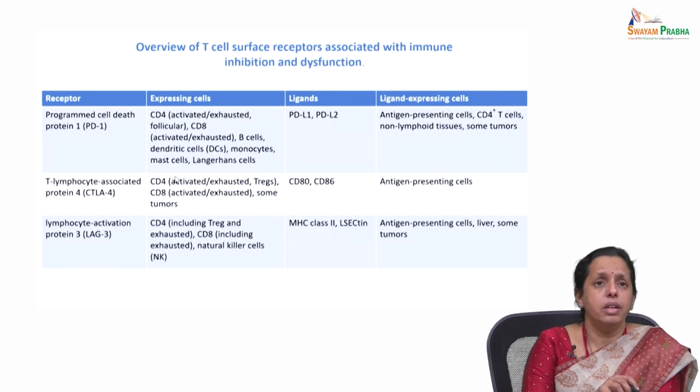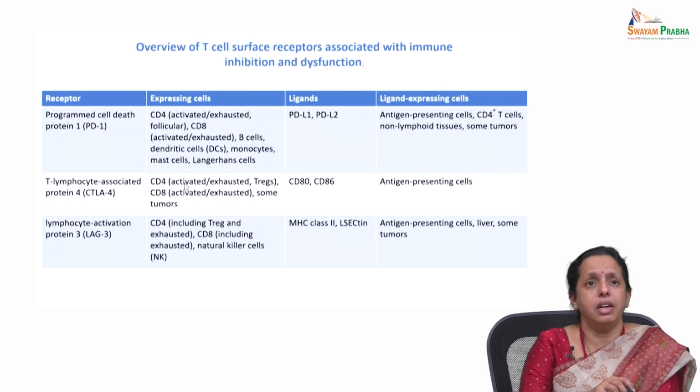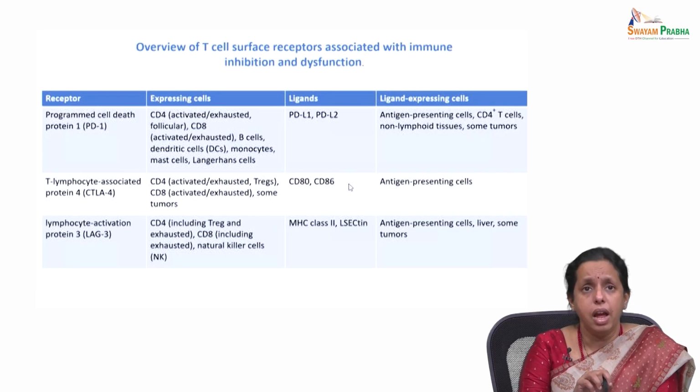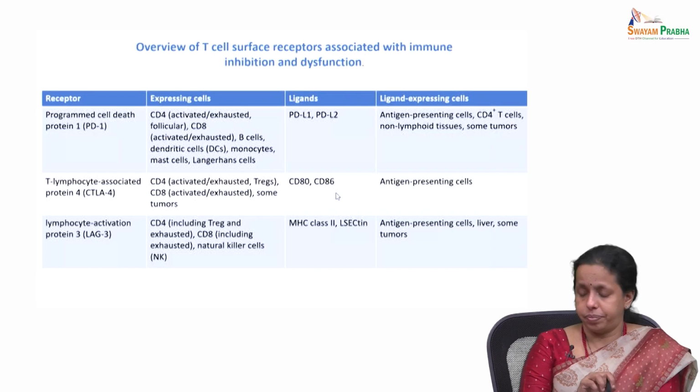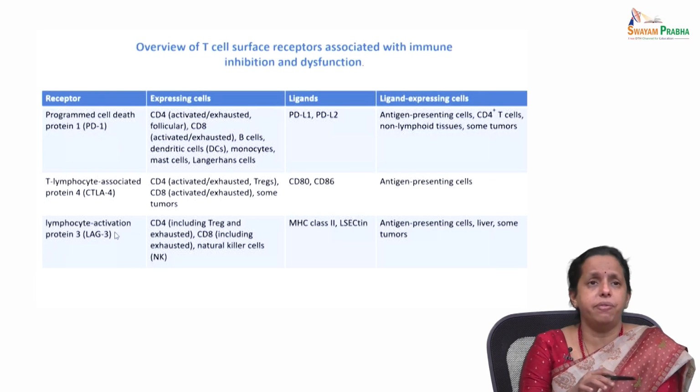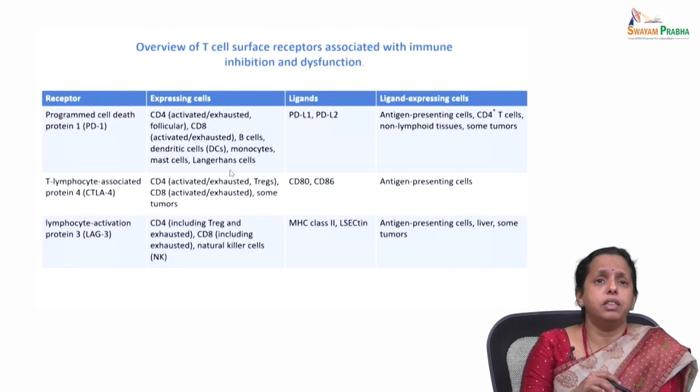This is expressed by your activated CD4 or even exhausted Tregs and CD8 T cells, and it has the ligands CD80 and CD86. These two ligands are expressed by your antigen presenting cells. This is a very brief example I have kept here only for our reference.